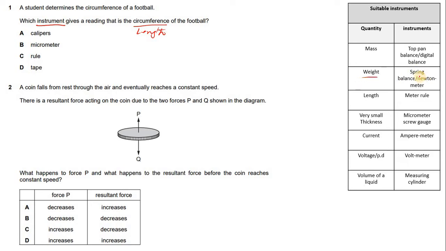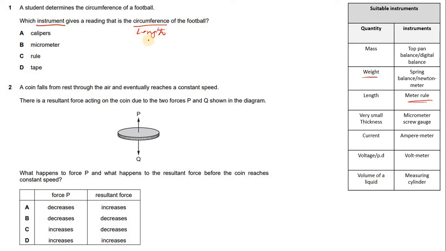Weight we can measure with a spring balance and Newton meter. Length is measured with a meter rule. Very small things, like the thickness of a coin, the thickness of a paper, the diameter of a wire, we measure with a micrometer screw gauge. Current we measure with an ammeter, voltage with a voltmeter, and the volume of a liquid with a measuring cylinder.